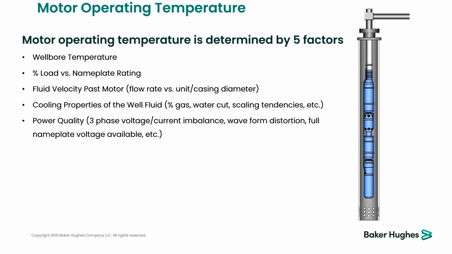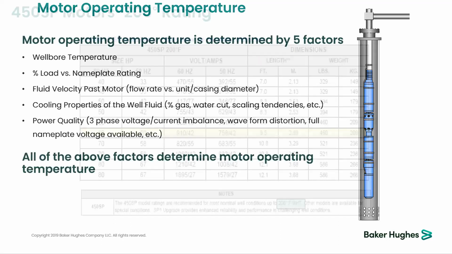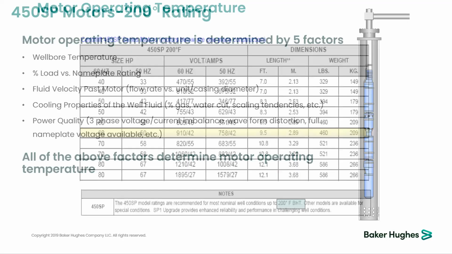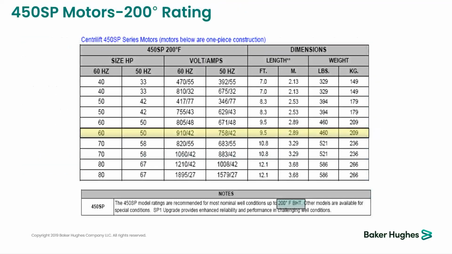And one of the main factors in the motor operating parameters is the power quality. The motor will be specified by three numbers. Number one is the horsepower, number two is the volt, and number three is the amp.